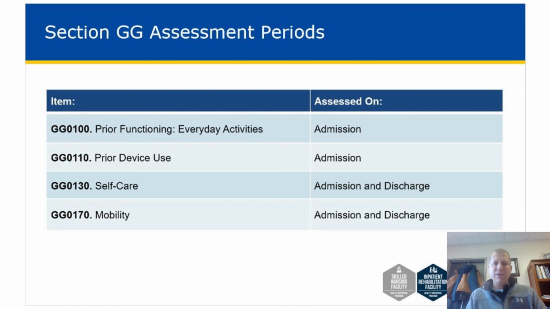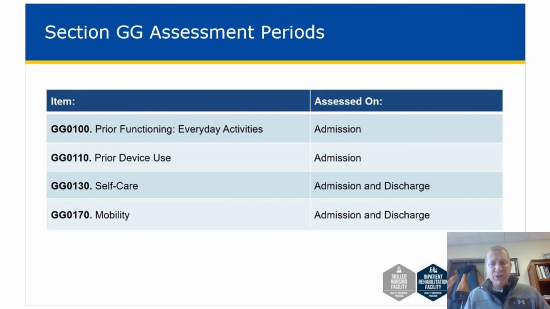We want to figure out where their prior level of functioning was when they become admitted to the facility. We want to find out what their prior device use was at the admission to our facility. We want to find out what level of care they need for their self-care skills upon admission, and what their level of assistance needed for mobility is at admission.